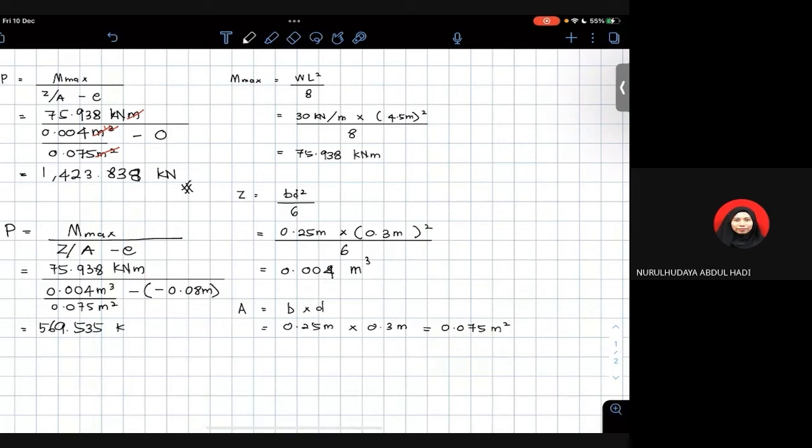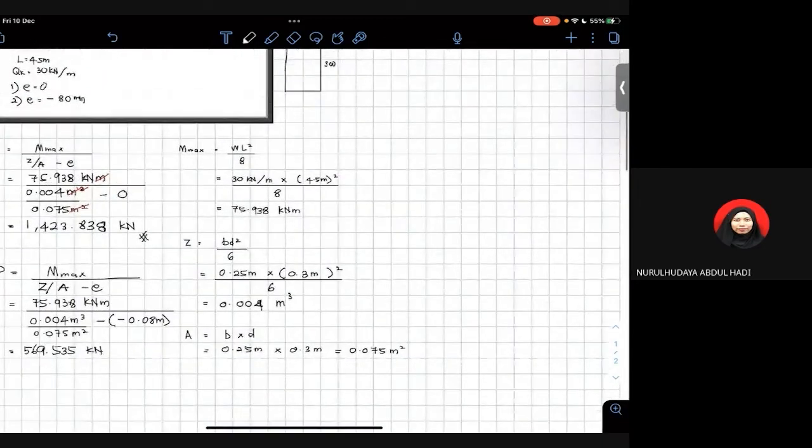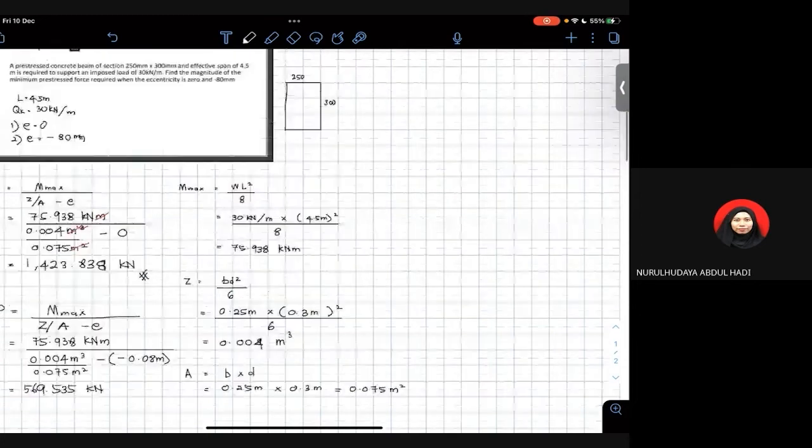The answer is 569.535 kilonewton. So you can compare these two, with eccentricity and without eccentricity. When you place the tendon below the centroid, meaning it is with eccentricity, the pre-stress force you require to pull the tendon to get its pre-stressing power is lower than when you place the tendon at the centroid.